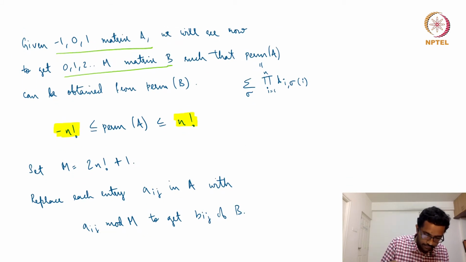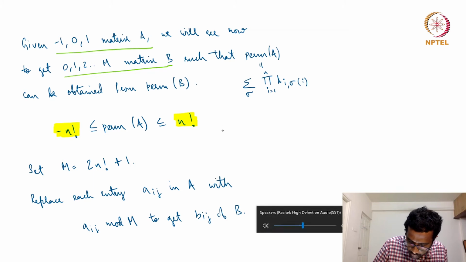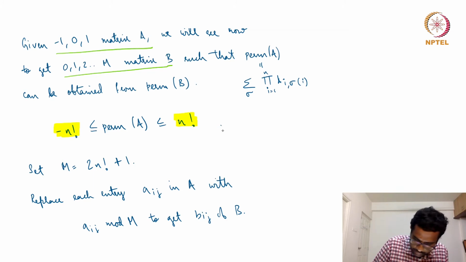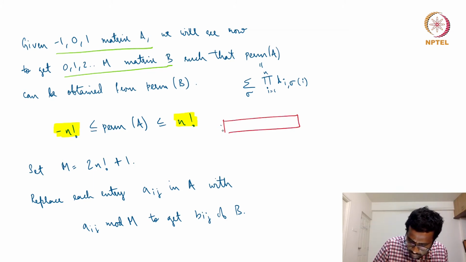So the permanent of a -1,0,1 matrix A is bounded between -n factorial and +n factorial. What we will do is shift this to a completely positive domain. The values could be anywhere from -n factorial to +n factorial.